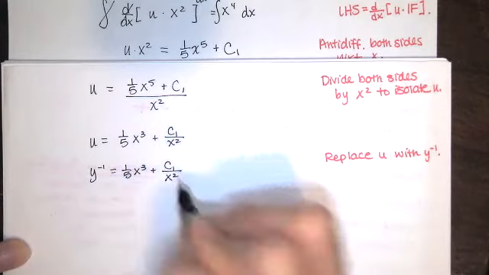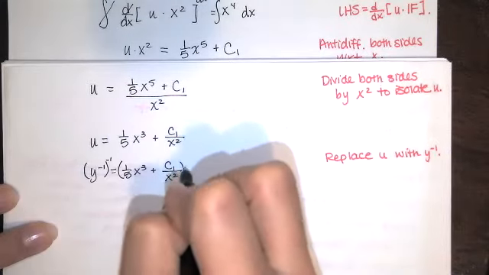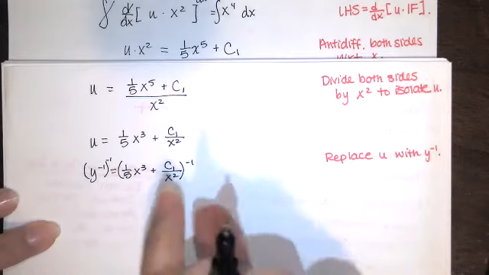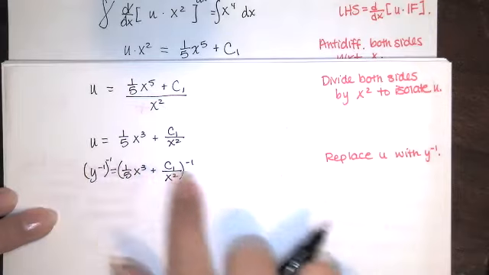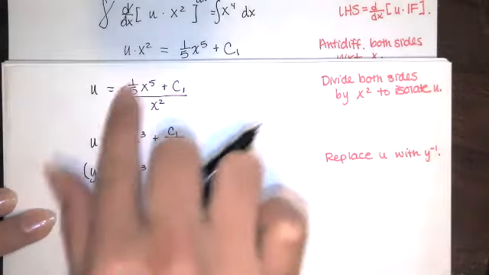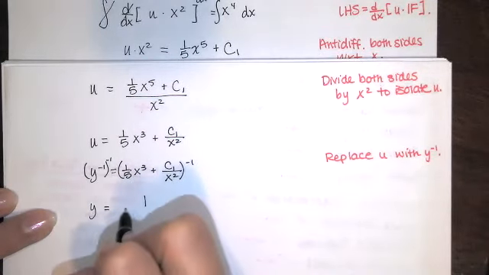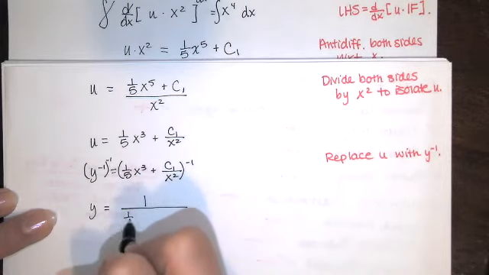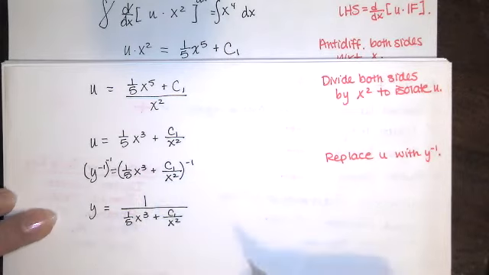Now, a lot of students make the mistake here of taking each of these and thinking of them as fractions and flipping them, but that's not how it works. We have to flip this whole side and flip this whole side. So maybe I should have left it as that fraction. This is actually 1 over x to the 5th times x cubed plus c1 over x squared.